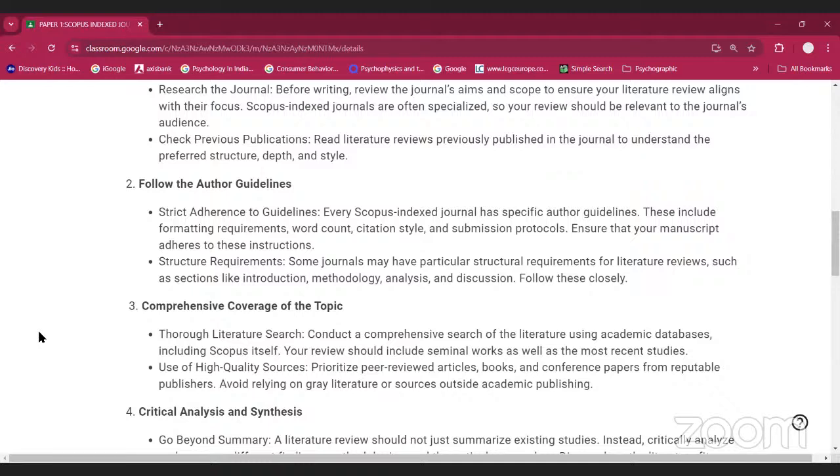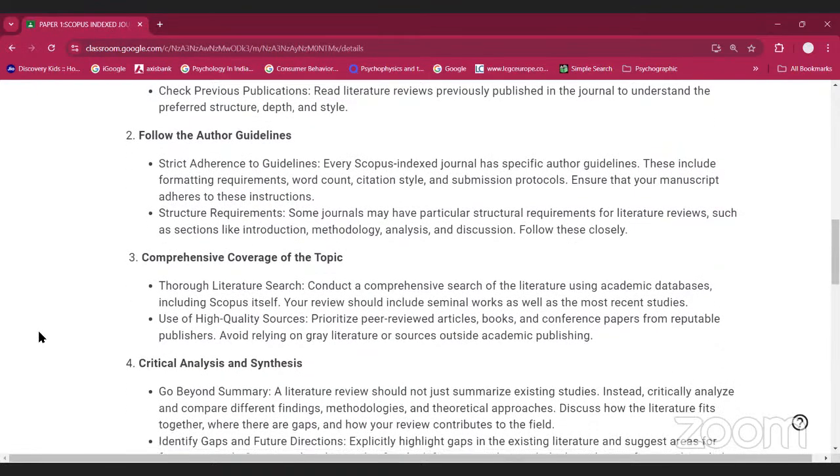Then identify gaps and future direction. Explicitly highlight gaps in existing literature and suggest areas for future research. Scopus indexed journals often look for reviews that push the boundaries of current knowledge.